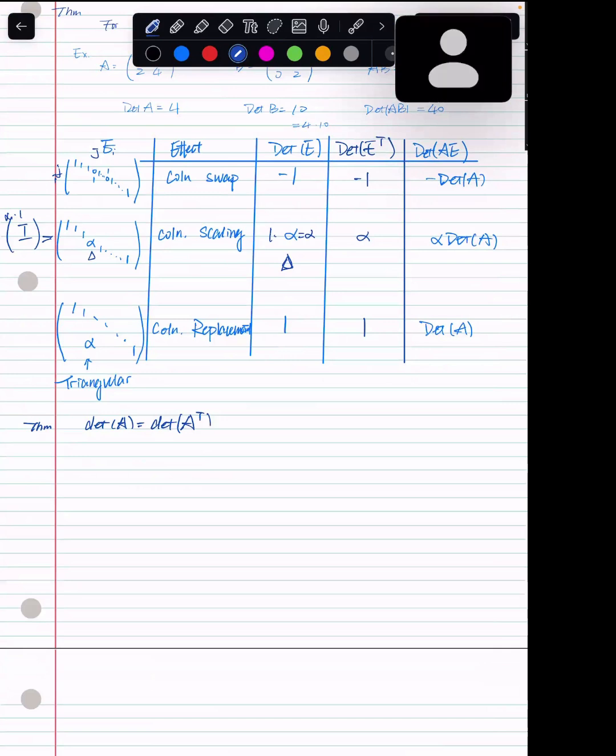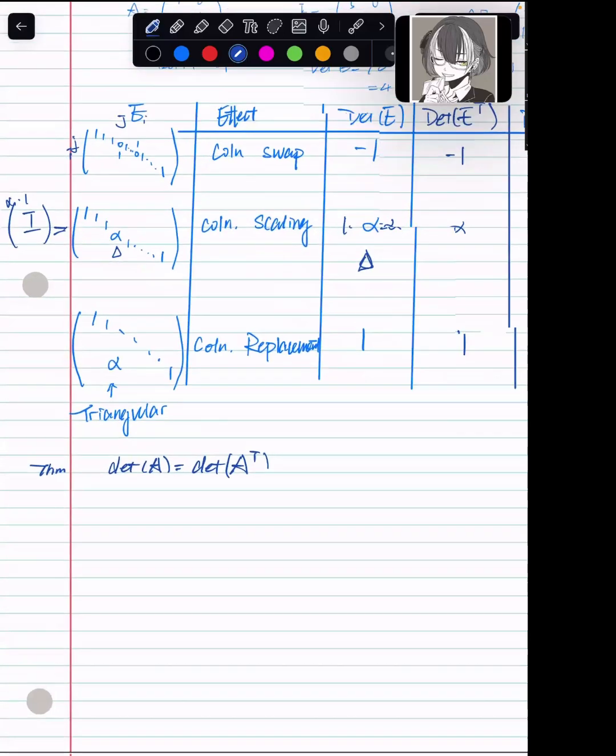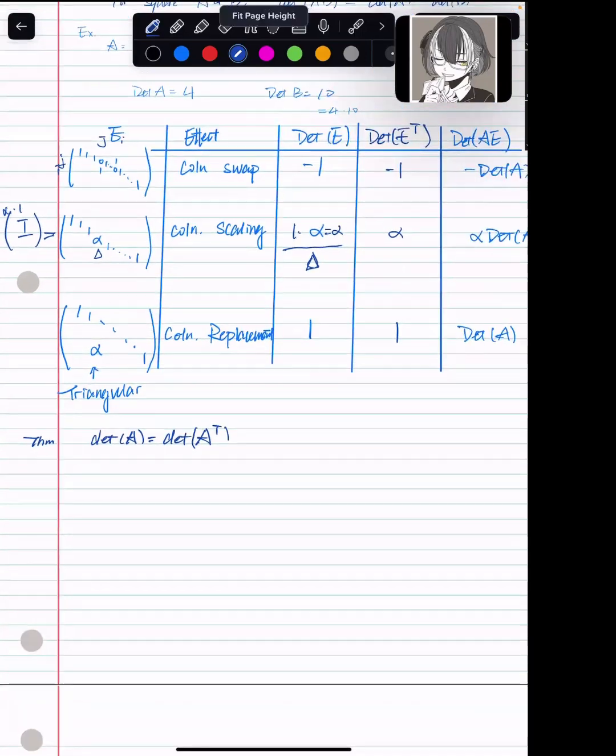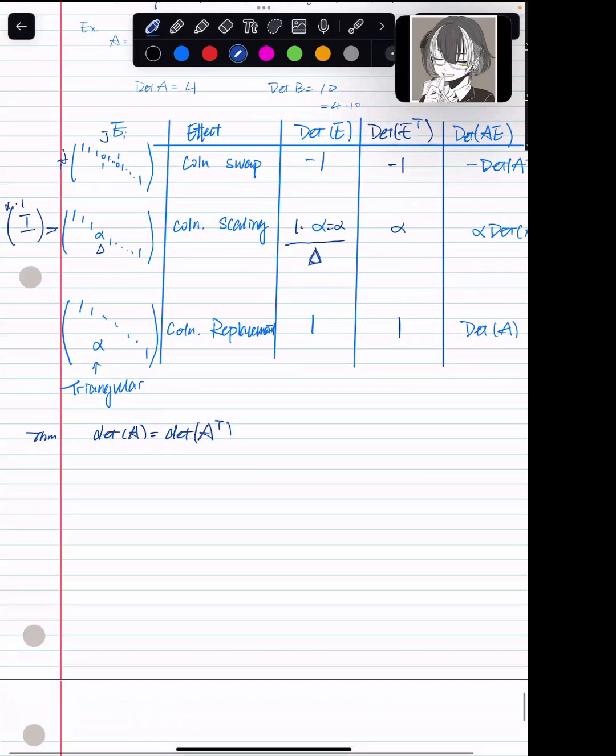Okay, I think I got confused between the row swap and the row scaling, because now these are column operations, but the ones we did before were row operations. But it should be the same, right? Because you scaled it from 1 to alpha, so the determinant of E is not 1, it is alpha.